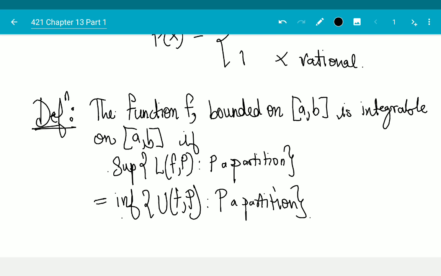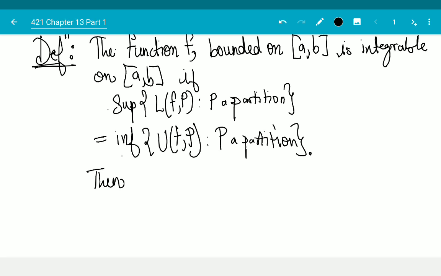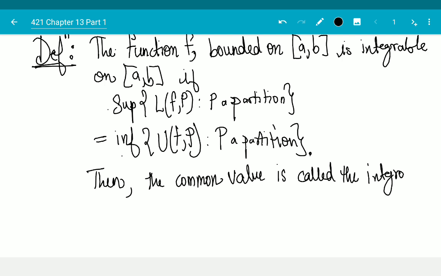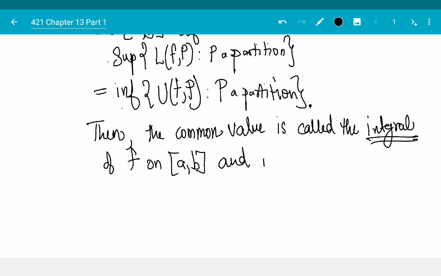Okay? And then the area from a to b, the common value is called the integral of f on [a,b], and is denoted by the integral from a to b of f.